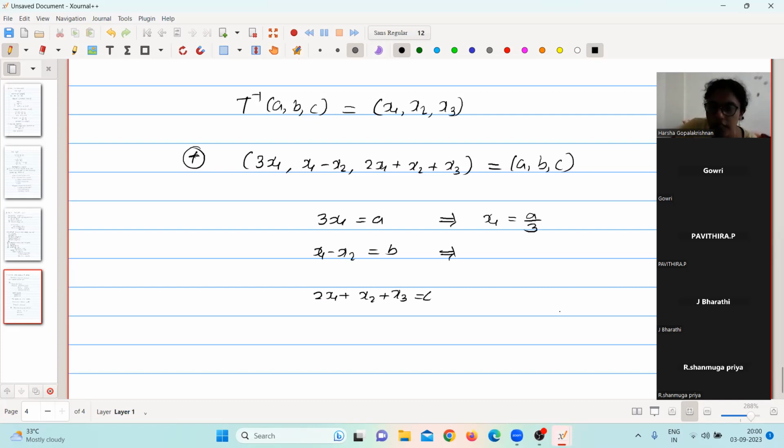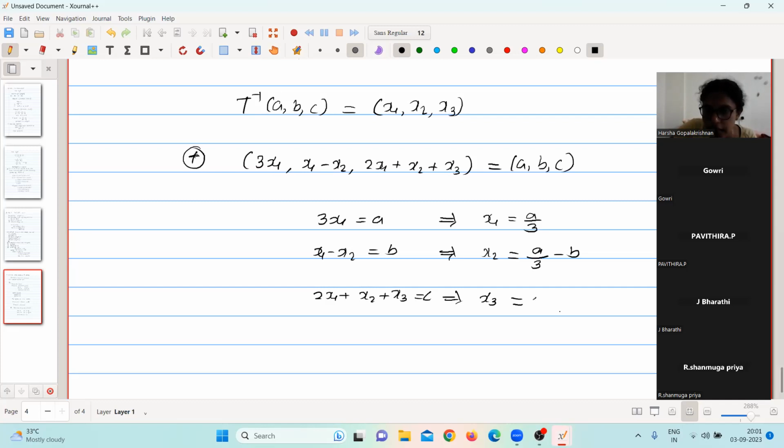Now, what is x2? x2 is x1 minus B, and x1 is A by 3, so it is A by 3 minus B. And x3 is C minus 2x1 minus x2.